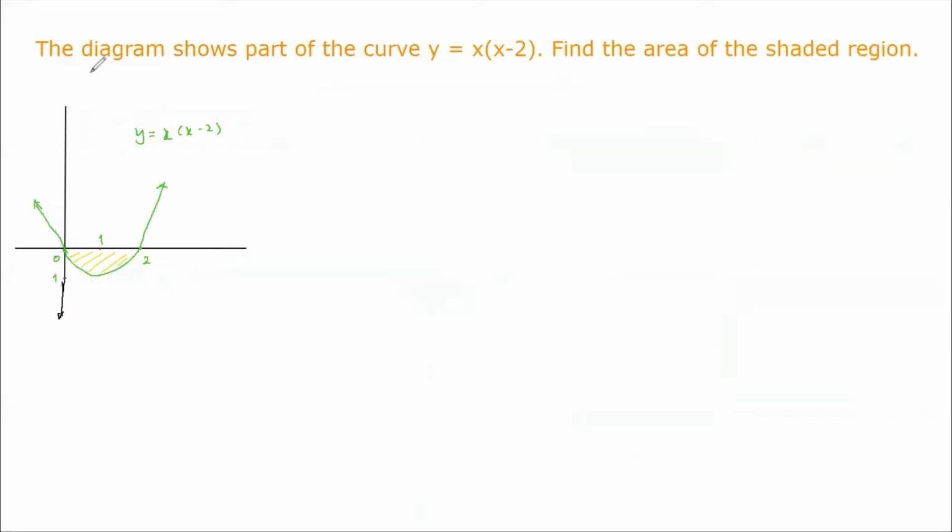This one says the diagram shows part of the curve y equal to x times x minus 2. Find the area of the shaded region. So find the area here, the yellow color here. Maybe I write it down as a big A here. So find the area A. This is the yellow color there. This function is y equal to x times x minus 2.